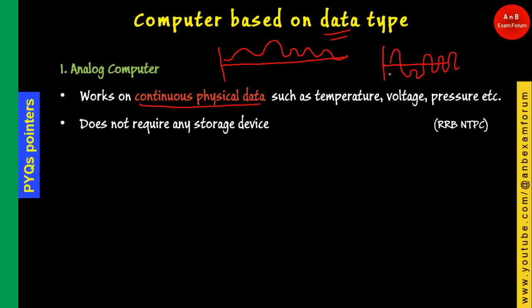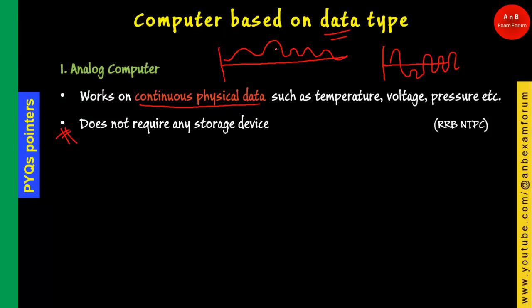And the very important pointer to the analog computer is that it does not require any storage device. Why does it not require any storage device? Because it is continuous in nature. Data is coming continuously. There is no requirement of storing. Storing is required if you want to do processing at a later stage.